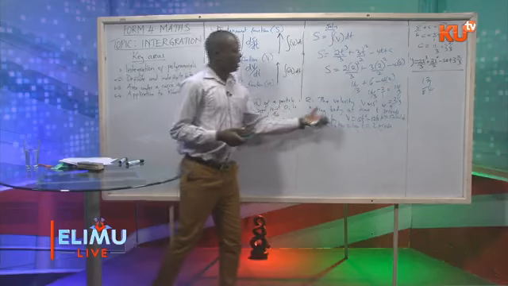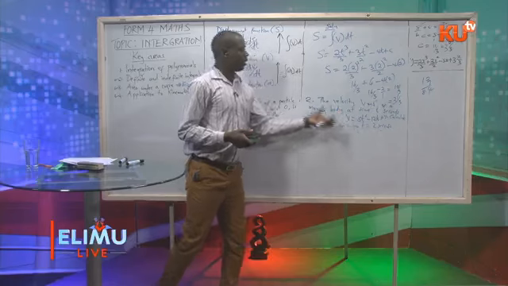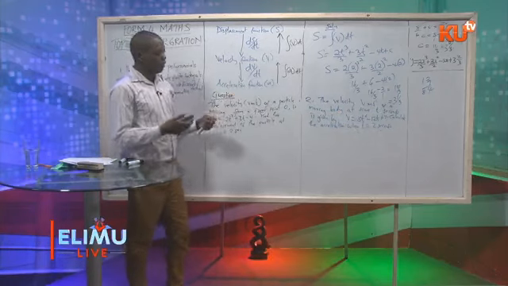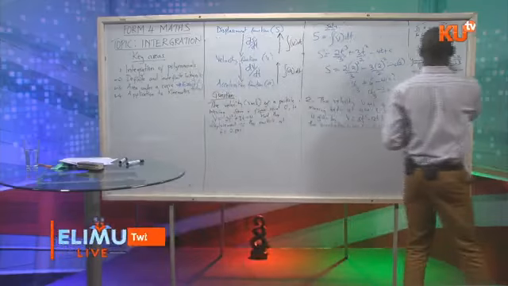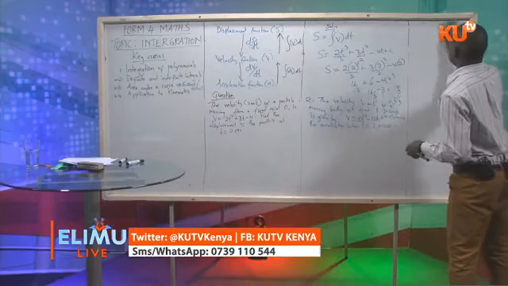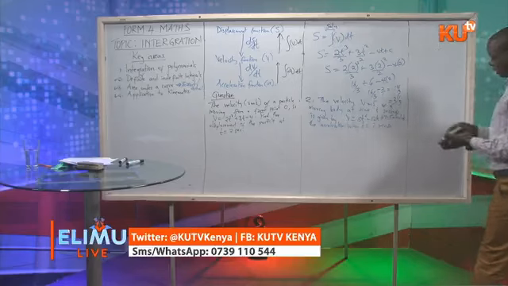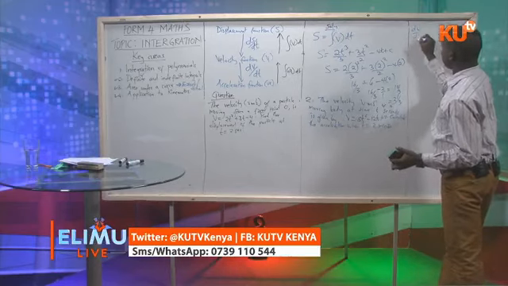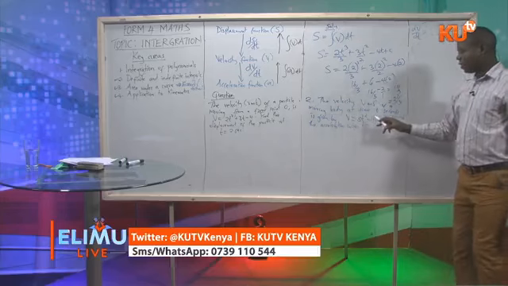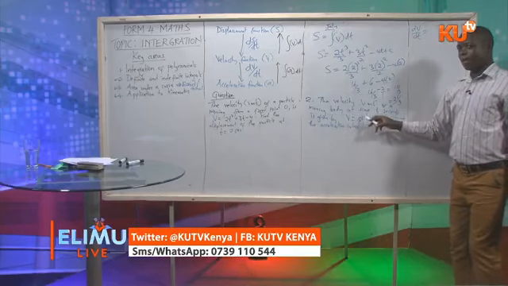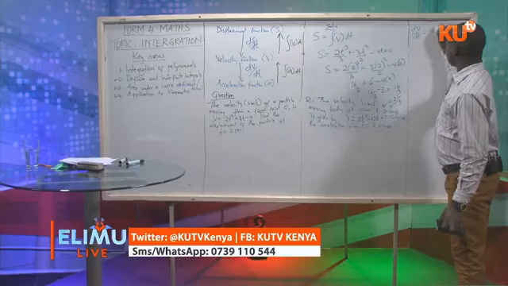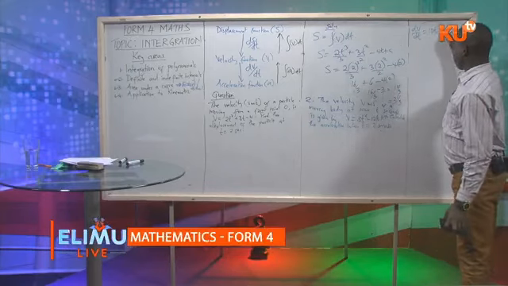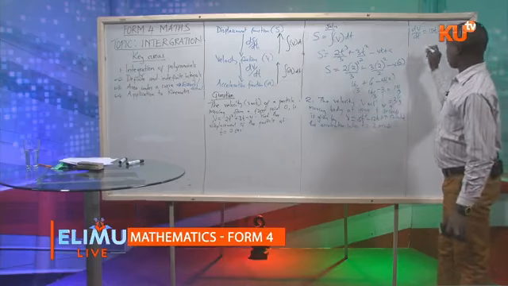Now, the difference between this and the previous one is that in this case, you are given the velocity to get acceleration. So when you have the velocity function and want acceleration, you carry out differentiation. We differentiate the velocity function, dv/dt, and we differentiate 5t squared to get 10t, minus 12.